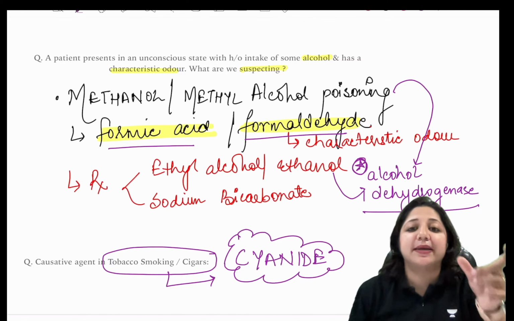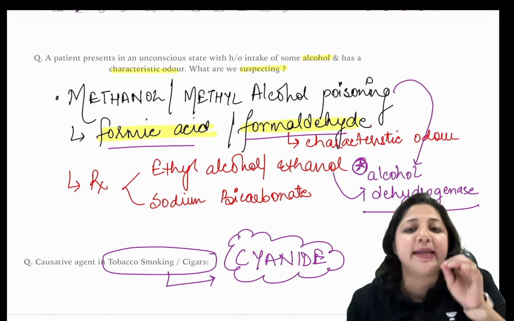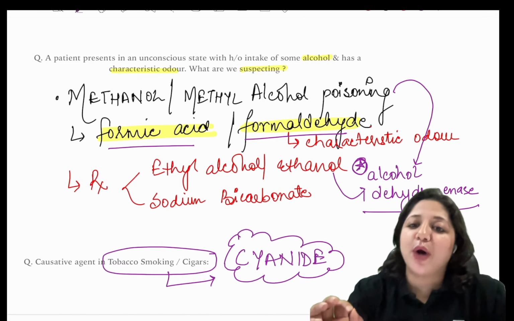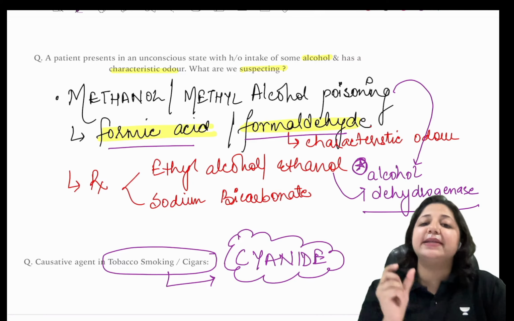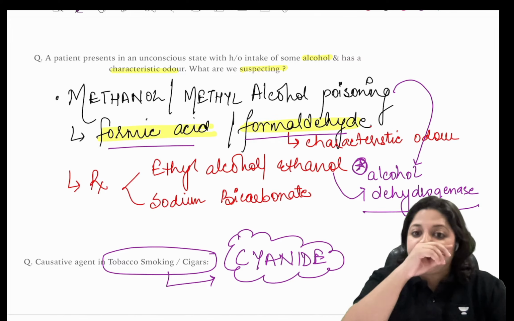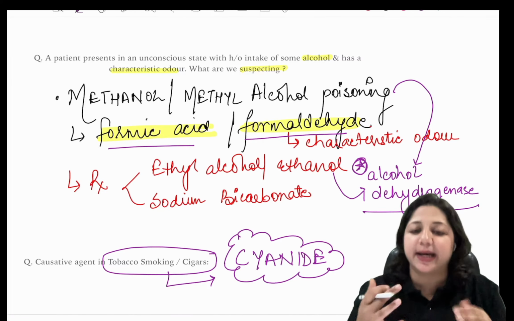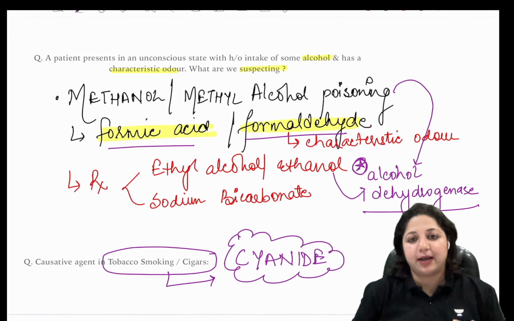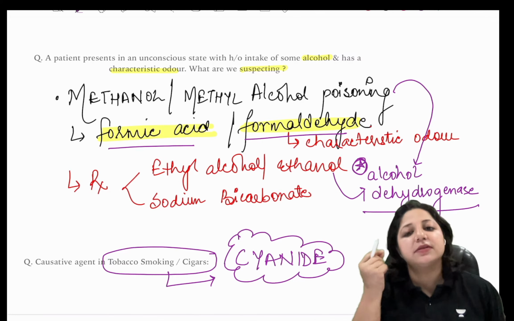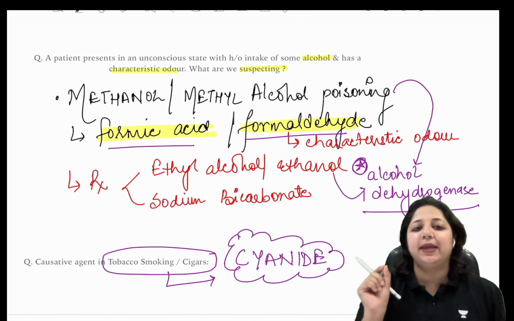So I'm not asking you the component of tobacco smoking or cigar. My main aim to put these questions here is that whenever you attempt a question, please read each word carefully. They all know we are falling short of time, so we are all in a hurry to finish the paper. We all make a quick attempt, but these small points, the main words should be noticed.